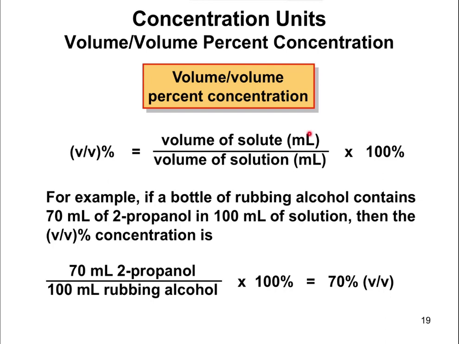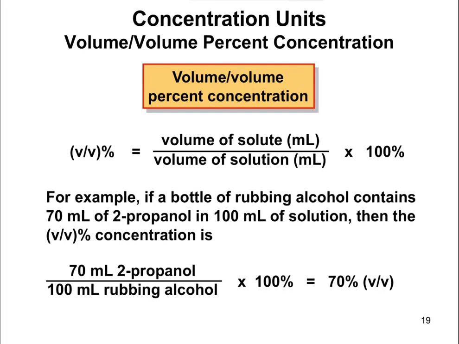And here it has both units in milliliters, and really it doesn't matter what your units are as long as they match. You can go liters over liters, milliliters over milliliters, or microliters over microliters. As long as the units match, you'll get to the same answer for the volume percent. But it's the volume of solute divided by the volume of the overall solution.